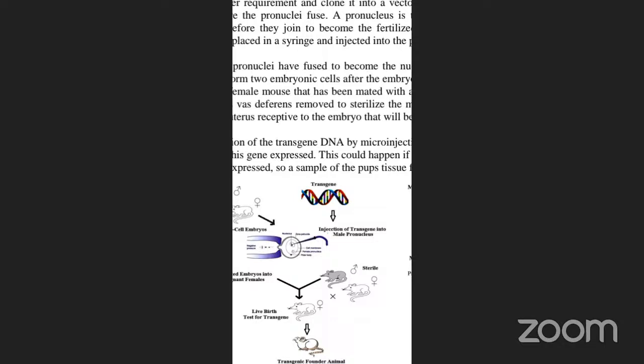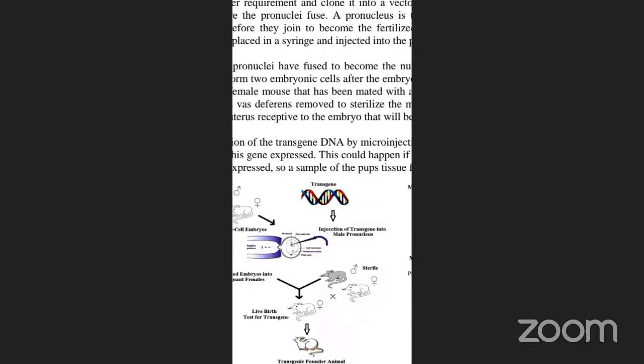Now it will give birth to a mouse which is having the transgene. Neither the mother nor the father is actually having any transgene. This is all experimentation. The mouse which is born has the transgene by birth.